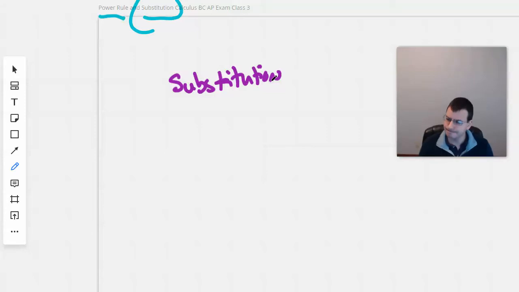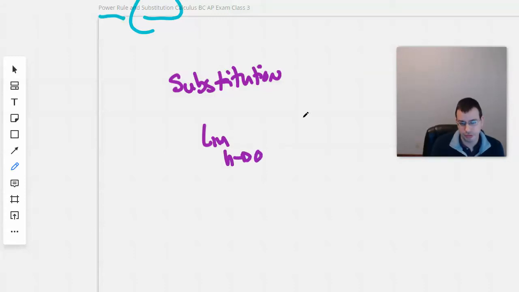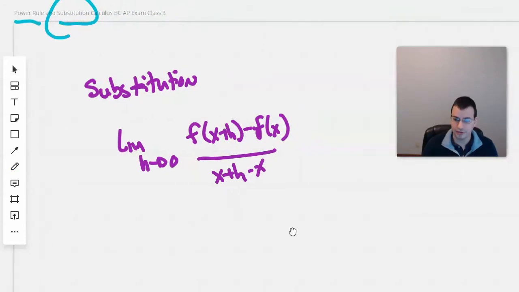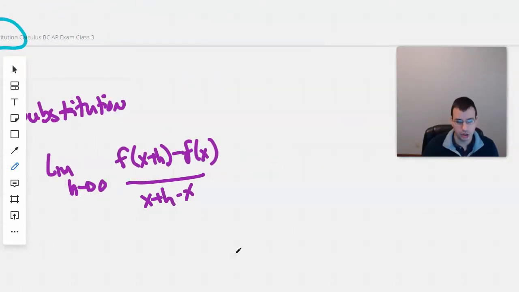So, going back slightly, all the derivatives come from the limit as h approaches 0 of f of x plus h minus f of x all over x plus h minus x. Plug that in for anything, and you're going to get the rule out for your derivative.